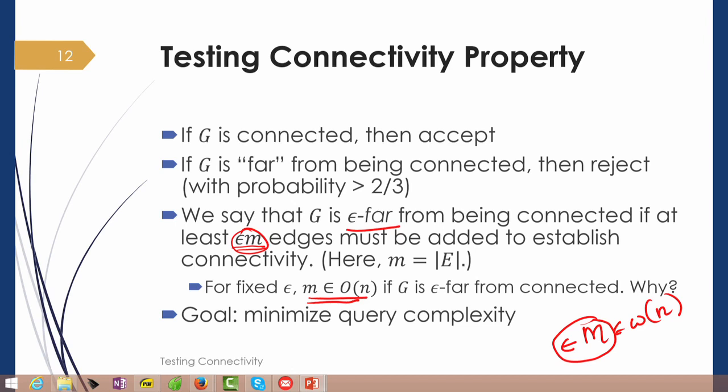So we simply cannot have a graph that is epsilon far from being connected having a number of edges that is little omega of n. As a result, we can safely assume that we are dealing with a sparse graph with at most O of n edges. Our goal is, of course, to minimize the query complexity, basically the number of queries that we need in order to be able to answer whether the graph is connected or not.